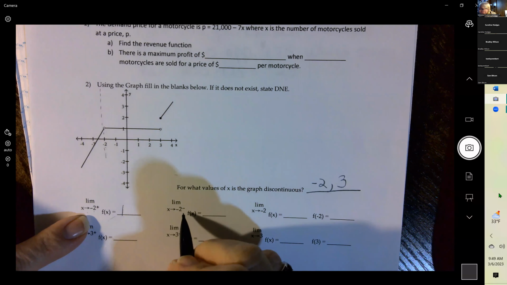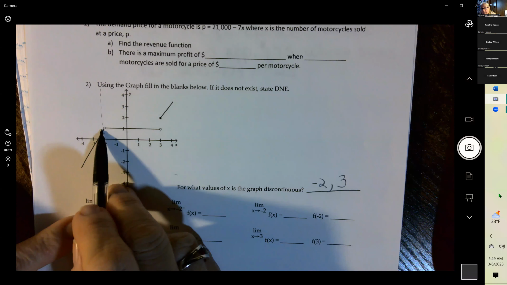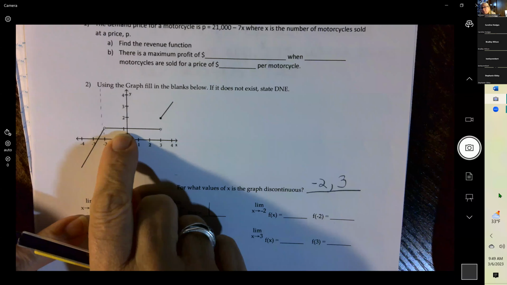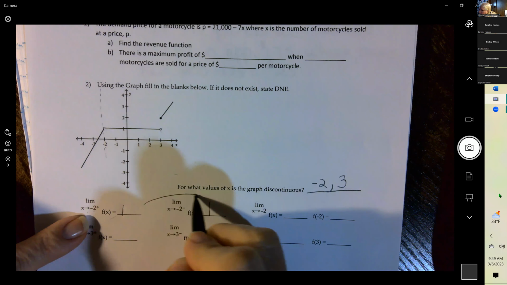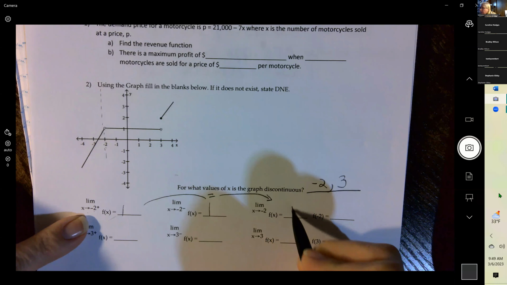But -2 from the left is also going in at the same spot. From the right and from the left, we're going in at 1 for the Y value. Because these two are equal, this one is the same value.